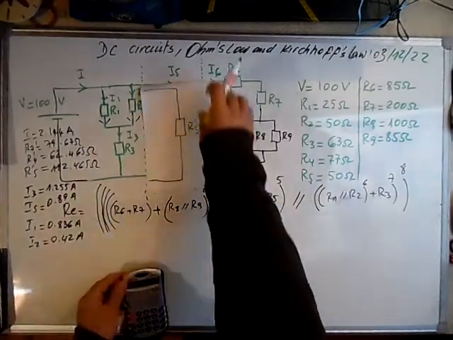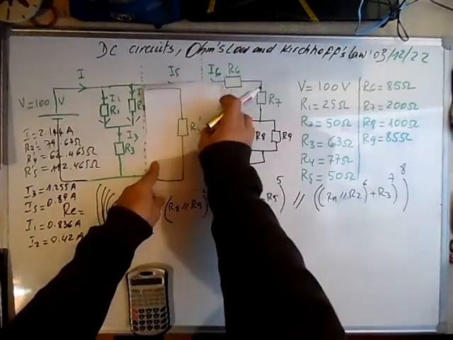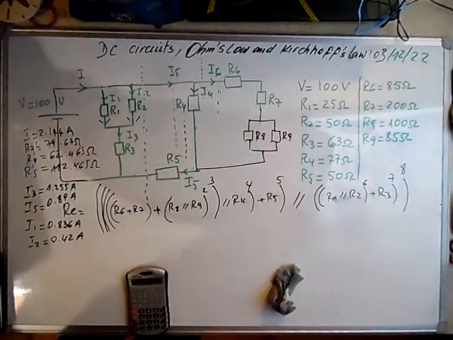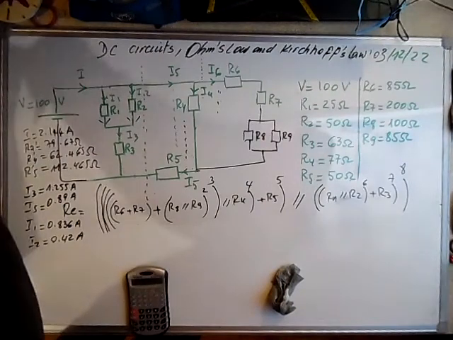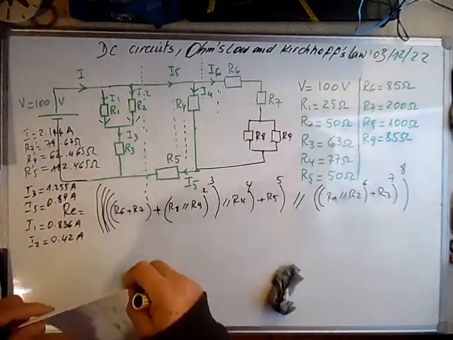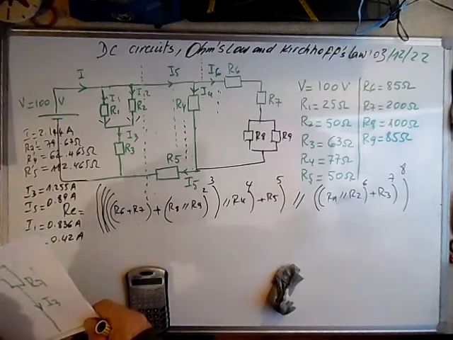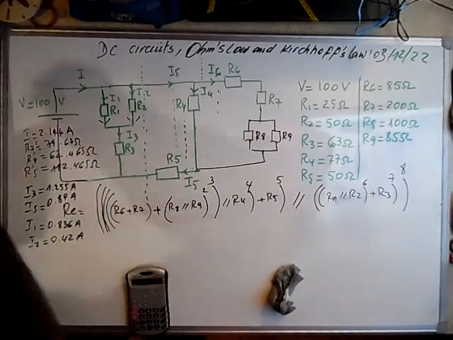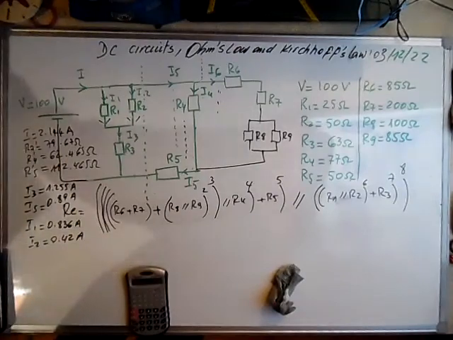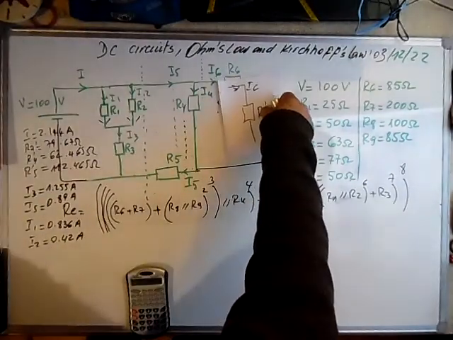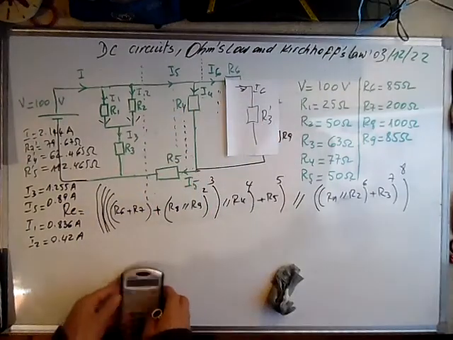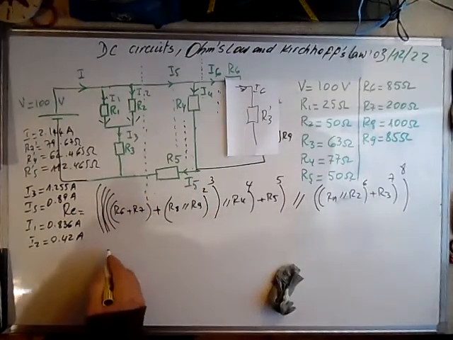I calculated I1 and I2. Let's go back to this circuit now. Here we need I4 and R7 prime. Is that right? No. This is called R3 prime. R3 prime, we need to calculate I6 and I4.